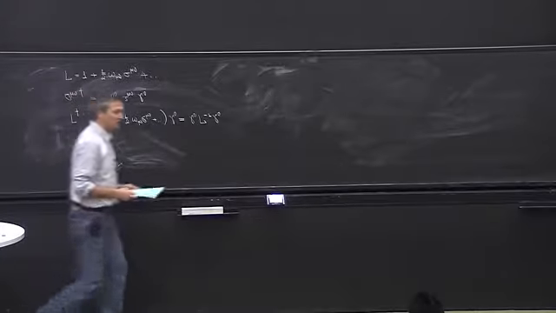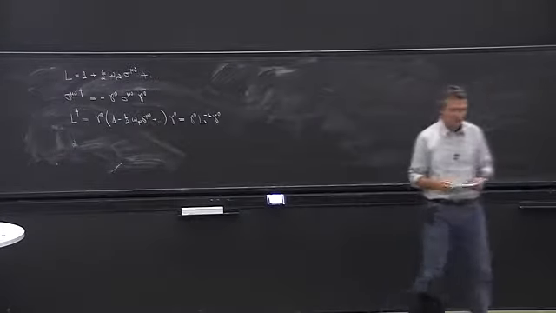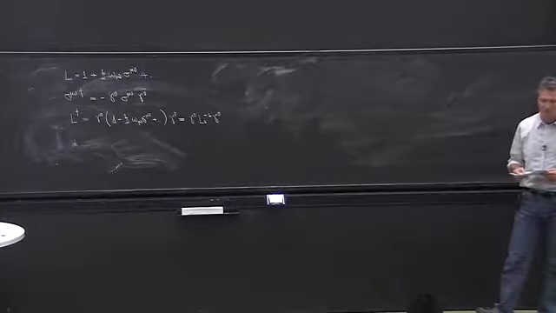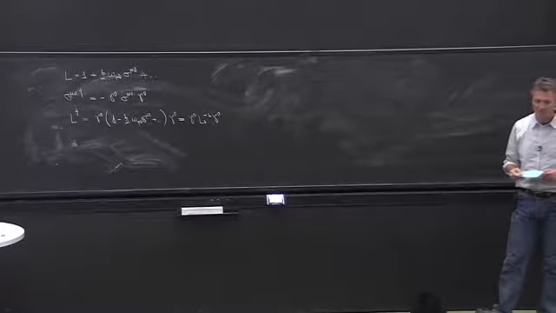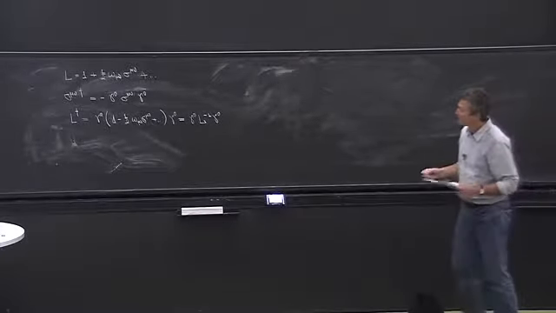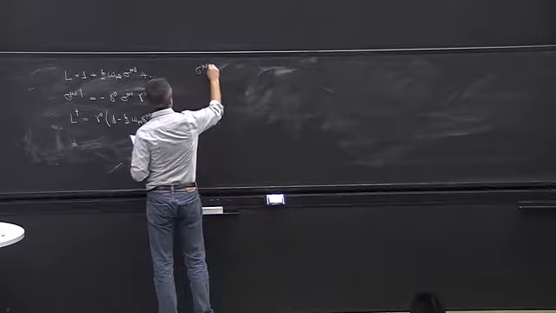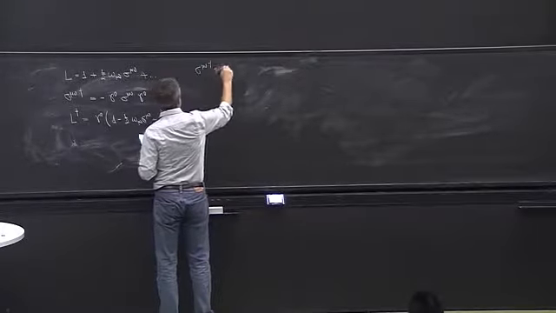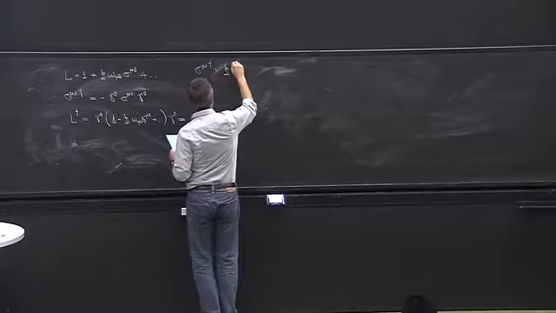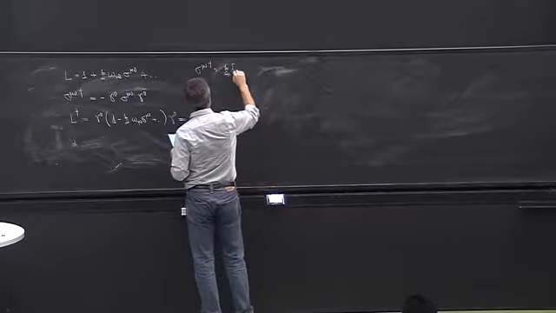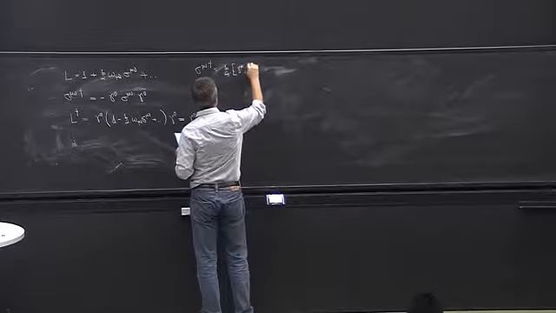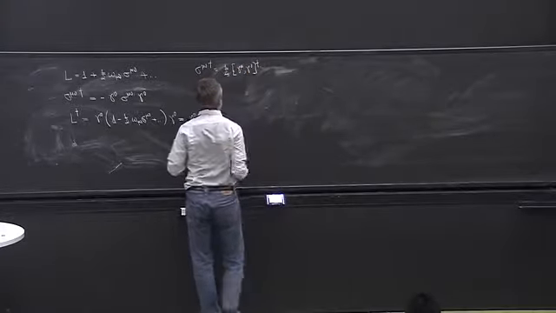Yes? Sorry, would you mind repeating where we got the formula for the Hermitian conjugation of sigma? So let's do it step by step. Sigma mu nu is 1/4 commutator of gamma mu, gamma nu, Hermitian conjugate.